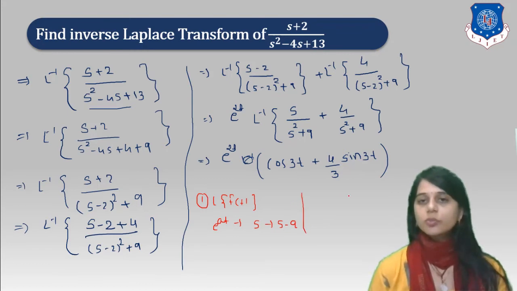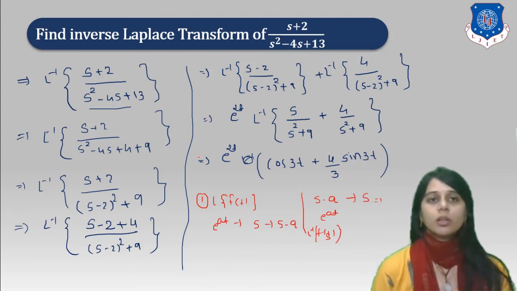So in inverse first shift theorem it is vice versa. We have s minus a formation, we are converting into s. To convert this to s, we are multiplying with e raised to at. And after that we are getting F of s, and we are applying inverse of F of s.